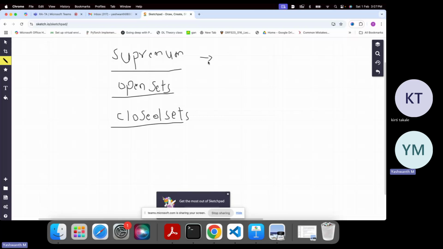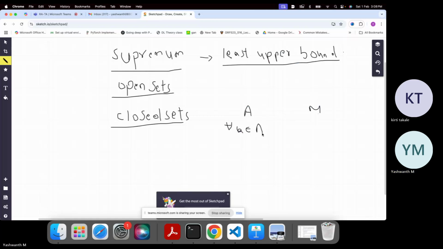So this is the least upper bound. Let's say there is a set A which is bounded above. That means there exists a number m such that for all a belonging to A, a is less than or equal to m. This holds.